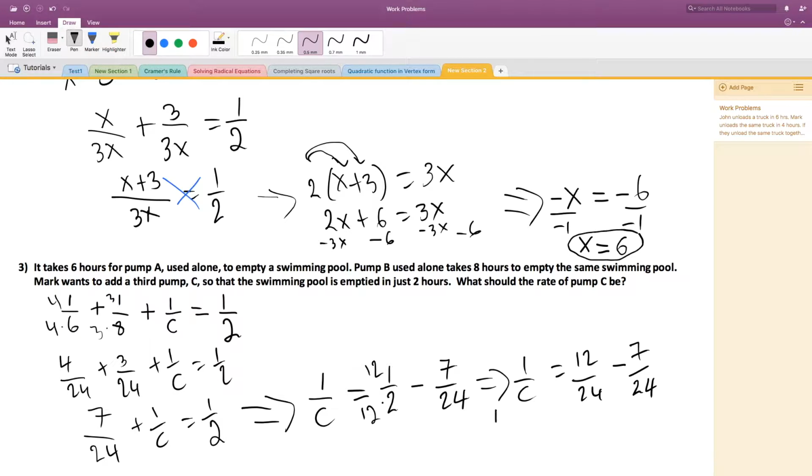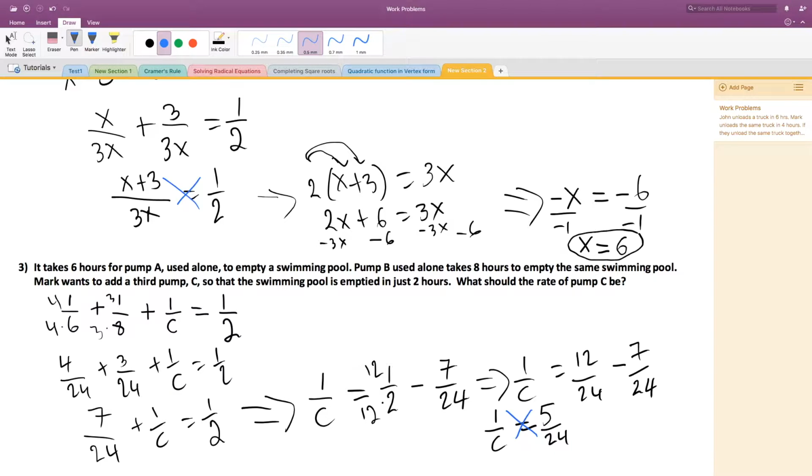So therefore here I have 1 over c equals 12 take away 7 is 5 over 24. Now I can cross multiply here because we want to solve for c, we are not interested in 1 over c, we want the value of c.